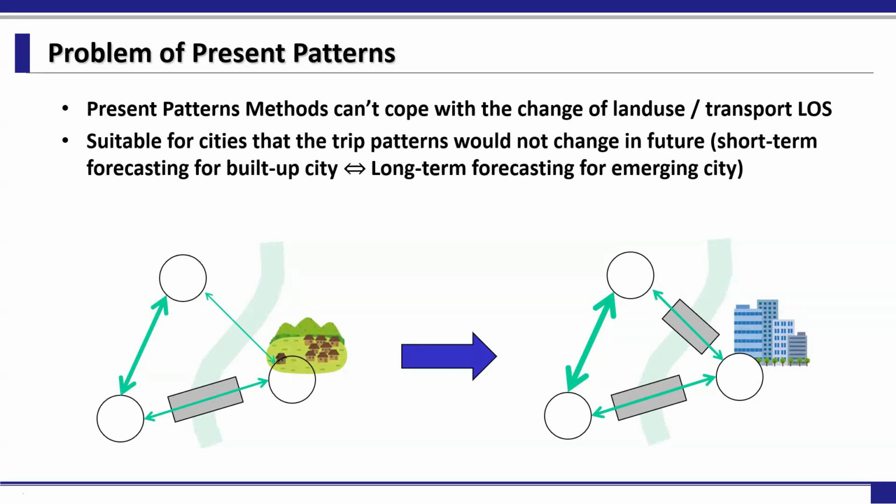For example, in this figure, there is a large river and one bridge among the cities.